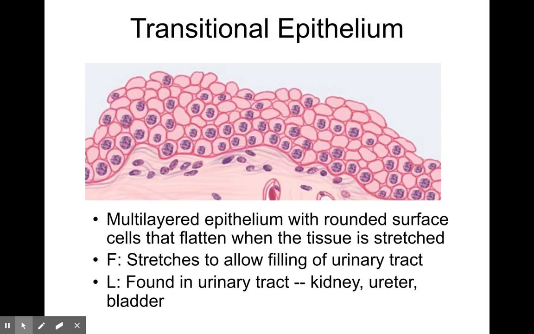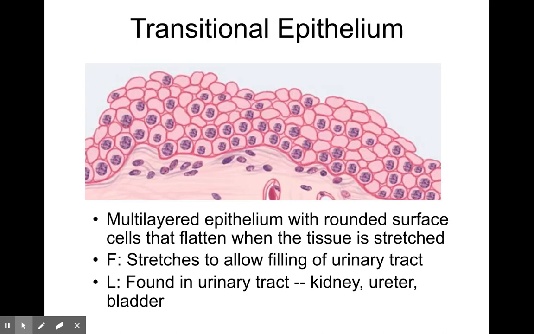So the function is to stretch out to allow filling. We only find this primarily in the urinary tract because we have liquid volume constantly increasing and decreasing. So these are constantly stretching and compressing. This allows the shape of the places that they're found, your ureter, the bladder, the kidneys.